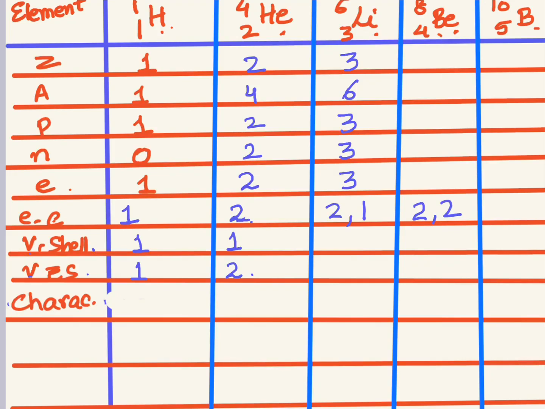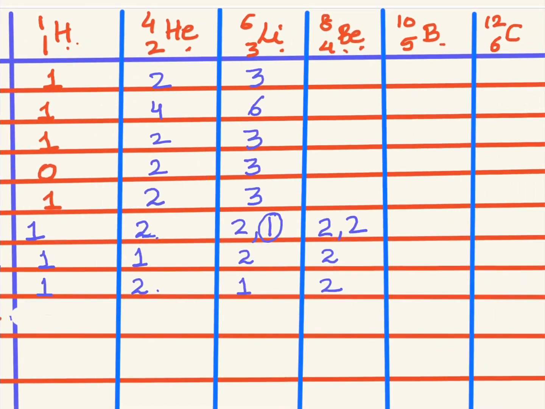Come to lithium. Valence shell. See over here the first shell, the second shell. So which is the outermost shell? Which is on the outside? Yes, it's the second shell. So valence shell is the second one. What about the valence electrons? Tell me, how many electrons are there in the valence shell? Yes, there is just 1 electron in this shell. What about beryllium? 2 and 2.